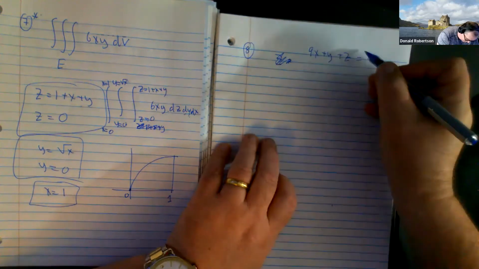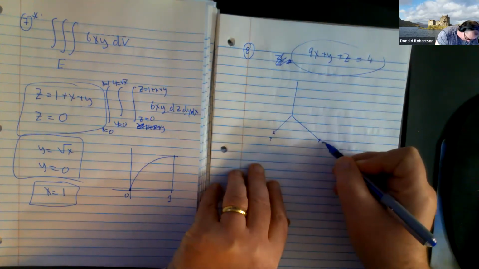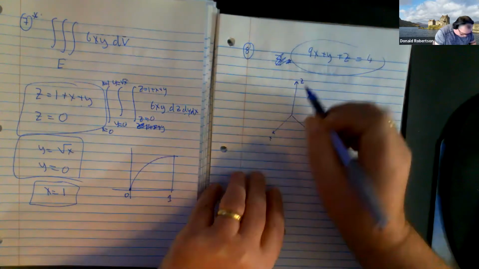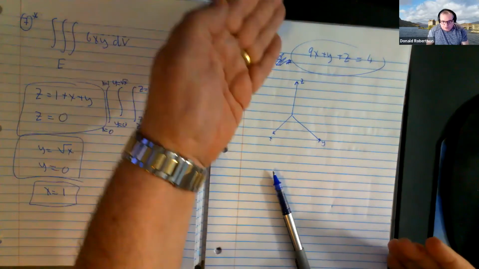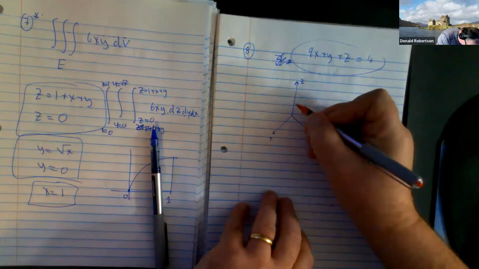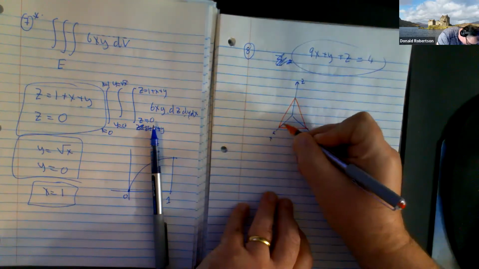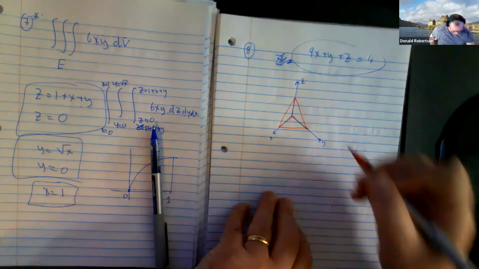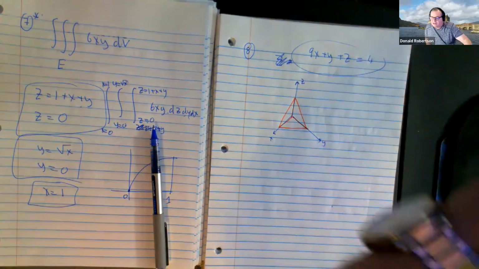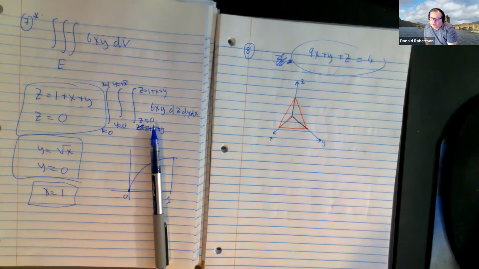So if you take this and imagine it in 3D space, you get a diagonal plane crossing like this. And so the tetrahedron you're going to get will basically be this here. Can you imagine the tetrahedron that you would get if a plane just kept on going? Wouldn't it cut the x, y, and z axes at different points?